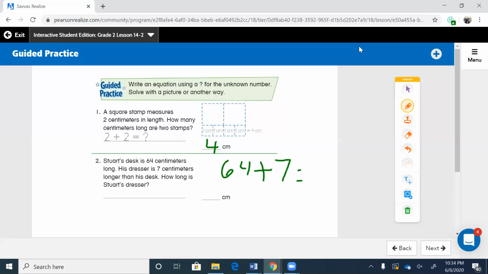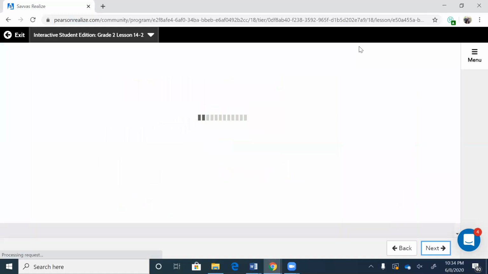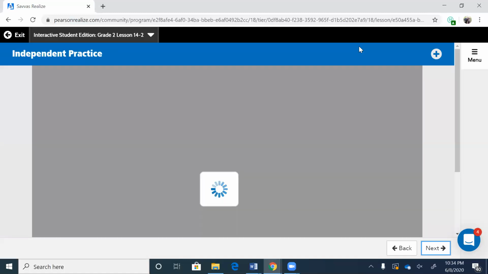Put 7 fingers up. 64 in your head. 65, 66, 67, 68, 69, 70, 71. So the dresser is 71 centimeters. And here you would write 64 plus 7 equals, and the question mark is the missing part. All right, let's keep practicing finding those key words.